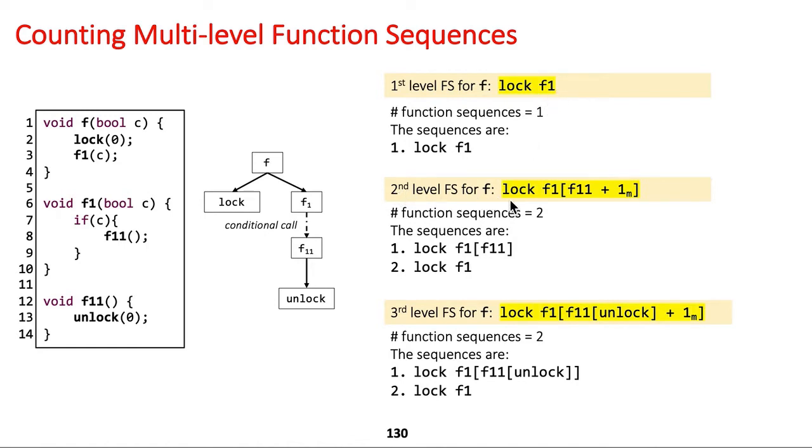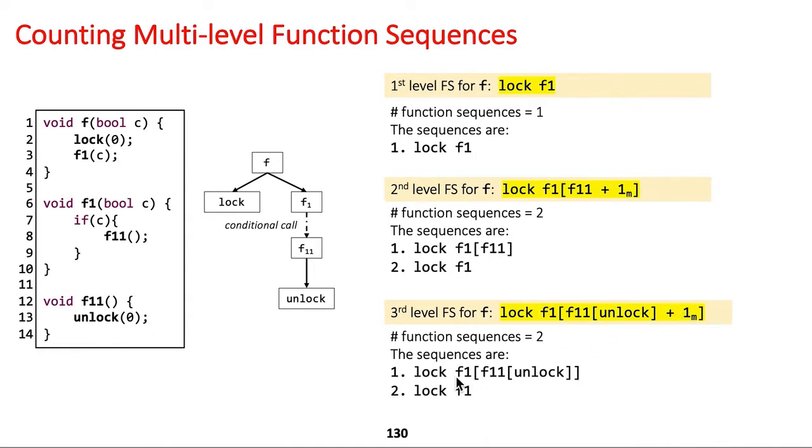Then we have the second level function sequence for F, and then the third level function sequence for F. The number of function sequences are computed again using the properties of the algebraic expression. In this case, we have in parentheses two terms, and each term would correspond to a function sequence. So we are going to get two function sequences.